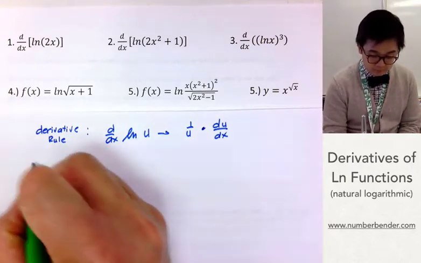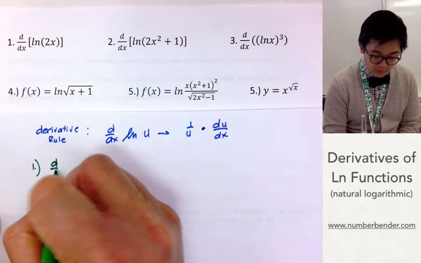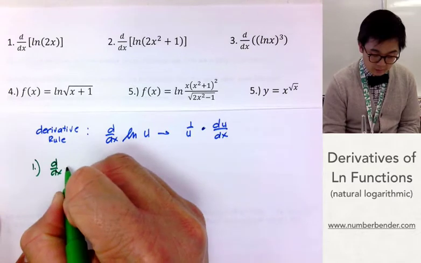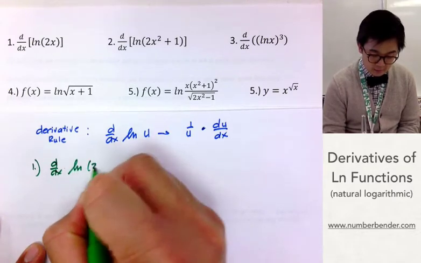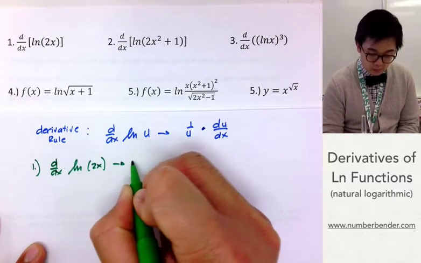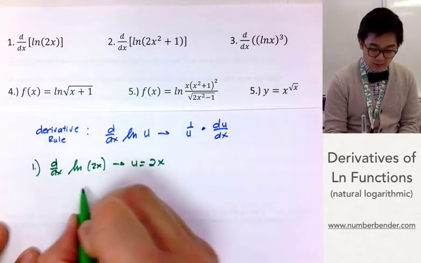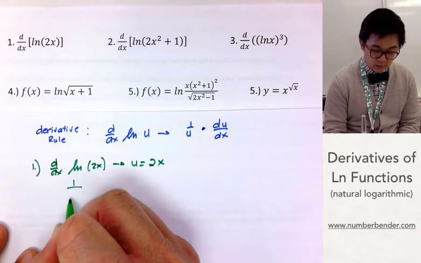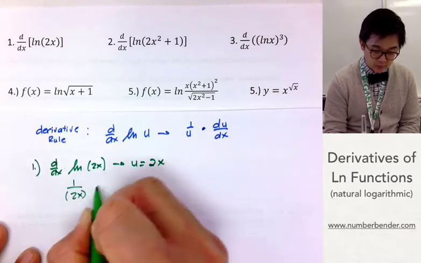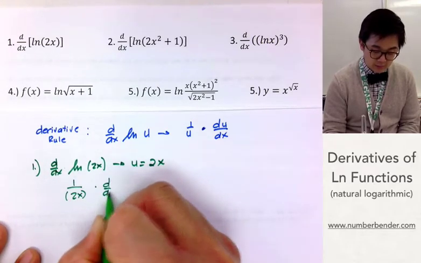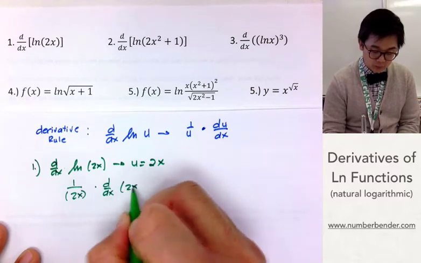With problem number 1, we need to find the derivative of ln 2x, where u is 2x. So to find the derivative of that, we're simply going to use the formula 1 over u, which is 2x, times the derivative of u, which is 2x.